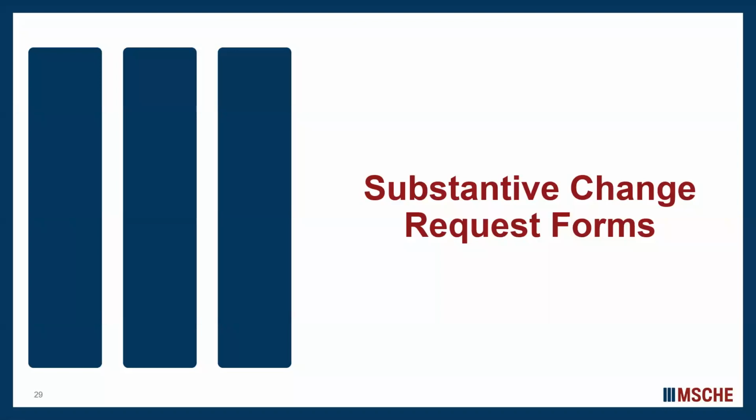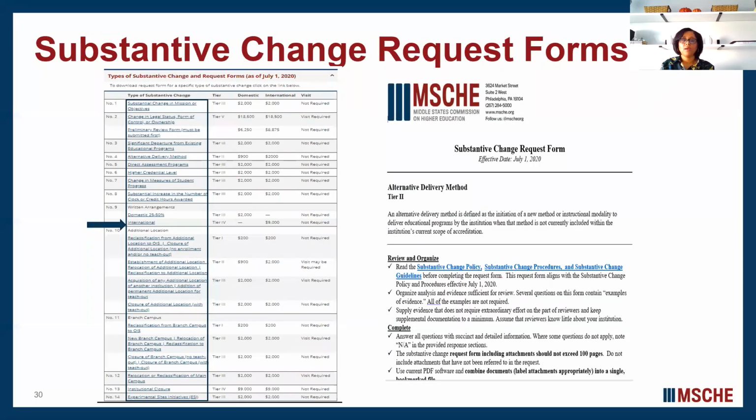Okay. And the next section is substantive change request forms. That's what I was just speaking about. You're looking at a snapshot of the section of the substantive change webpage labeled substantive change request forms.